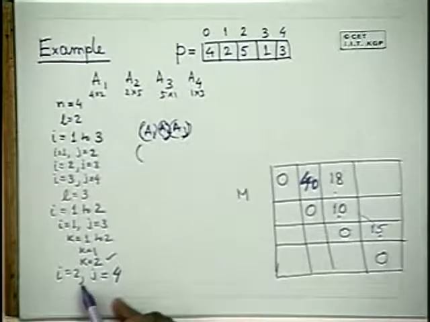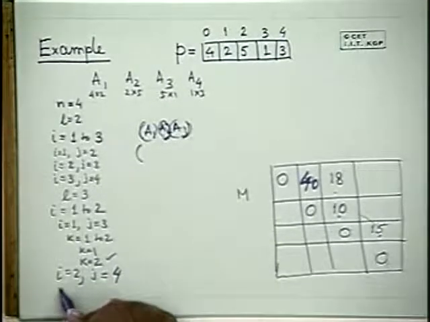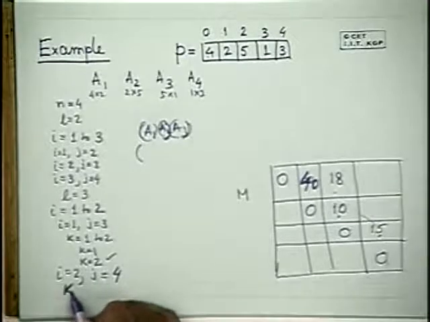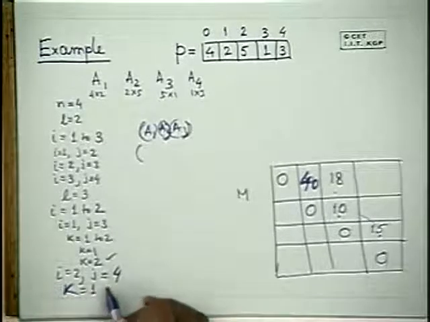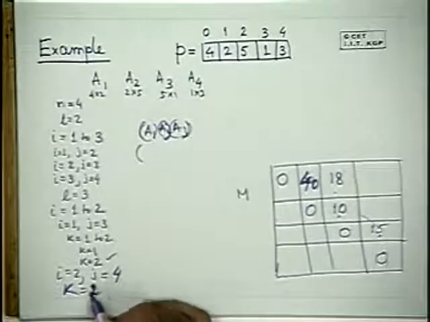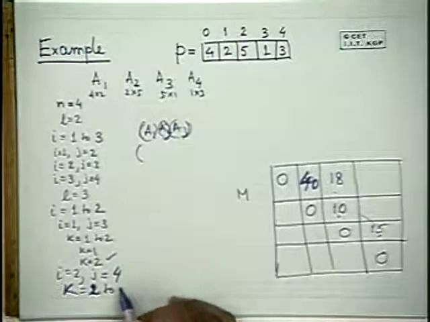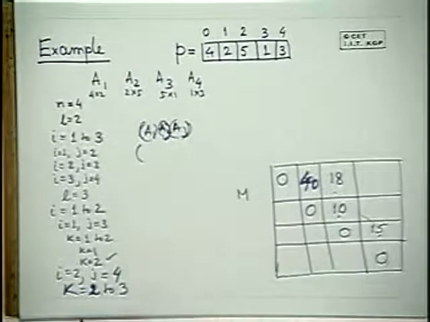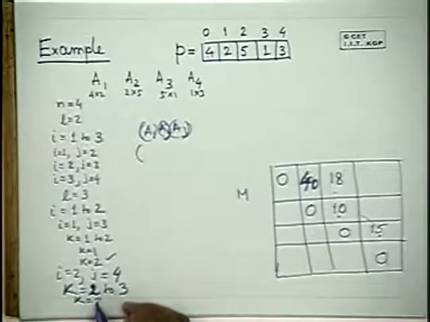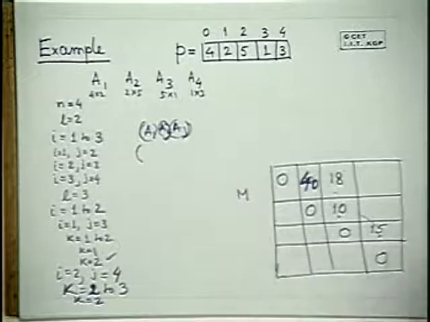Okay, when I is equal to 2, j is equal to 4, again k is running from 2 to 3. It must be 2 to 3. So when k is equal to 2, what are you getting? Tell me. You are getting M22, which is 0, plus M34.